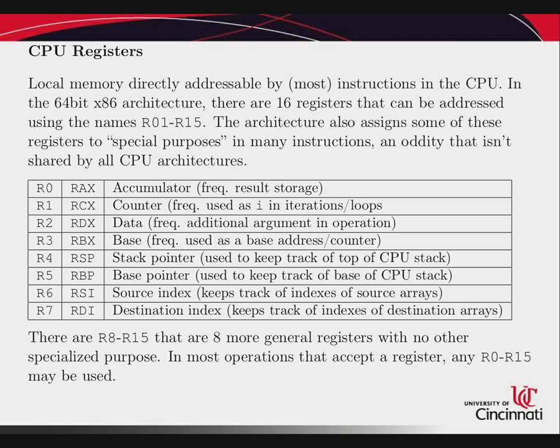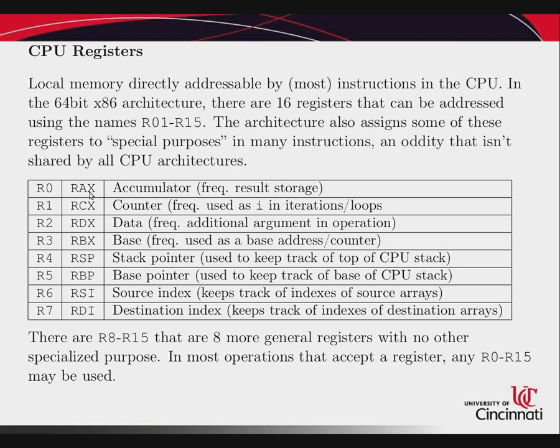This isn't the case with all architectures. You run into a lot like the Motorola 68K or 68,000, whatever you want to call it, architecture that doesn't work this way, or the 6502 doesn't necessarily work this way. But we'll focus on this one.